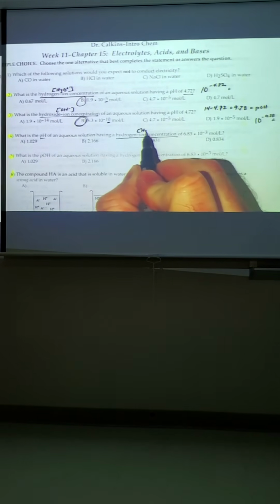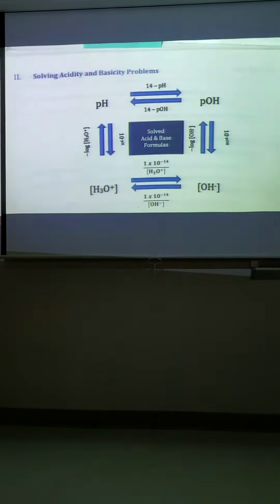Number 4 is the reverse. They say, what is the pH if you have the hydrogen ion concentration? So remember, hydrogen ion concentration, this is H3O+, because hydrogen ions are attacked by water to make hydronium. So here we need to take our chart and go from hydronium ions to pH.